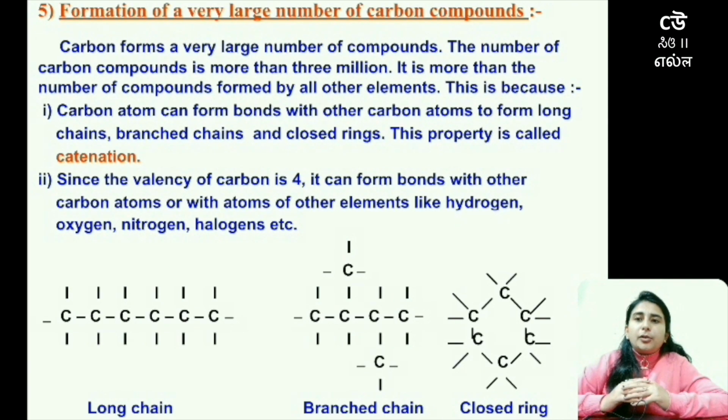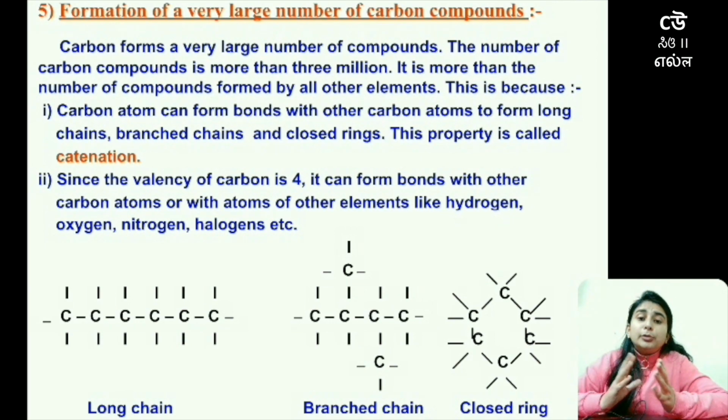Now we are going to talk about what is catenation. So for that, the heading says that the formation of very large number of carbon compounds. So students, क्या होता है, that carbon atom is one such atom which has this capacity, this capability that it can form long chains of carbon atom.